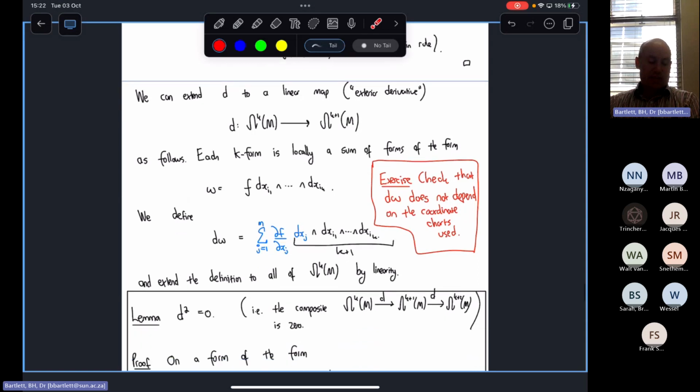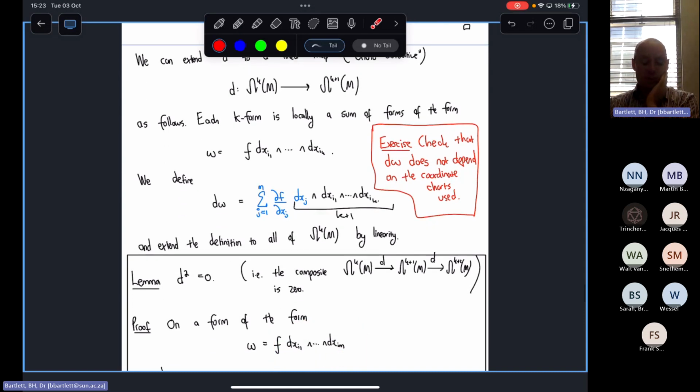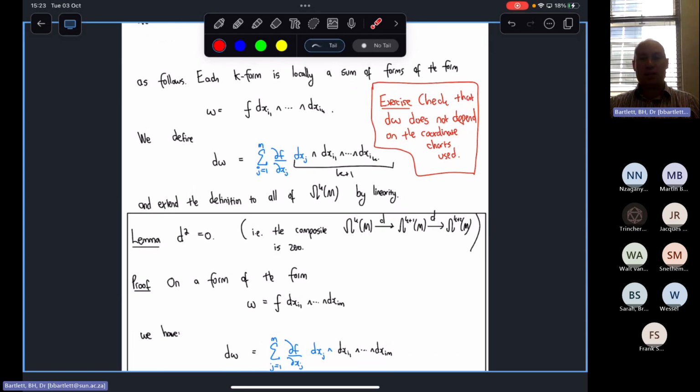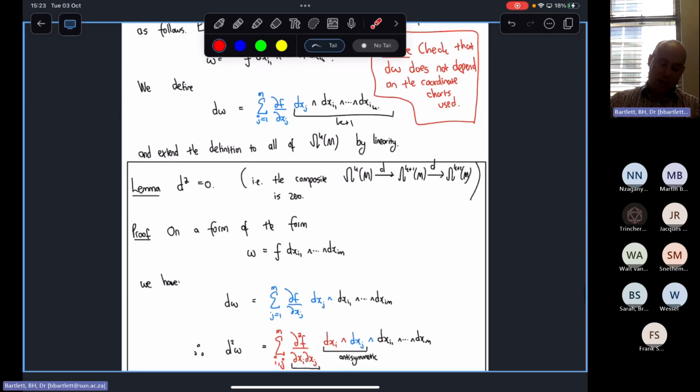Why is this the case? As long as I check it on forms of this form, then it will be true for all forms. So I apply d to that. So that would be d omega. Second derivative, now I apply d to this k plus 1 form.